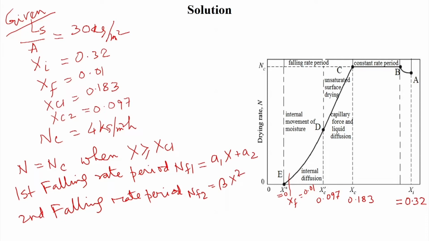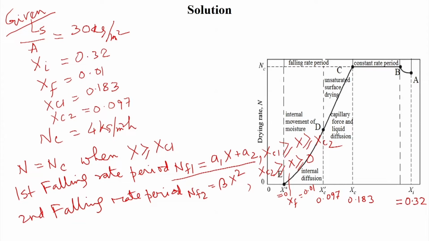For the first falling rate period, it is mentioned that Xc1 is greater than or equal to x greater than or equal to Xc2. But for the second falling rate period, we have Xc2 greater than or equal to x greater than or equal to 0. So, these are the conditions that are given.